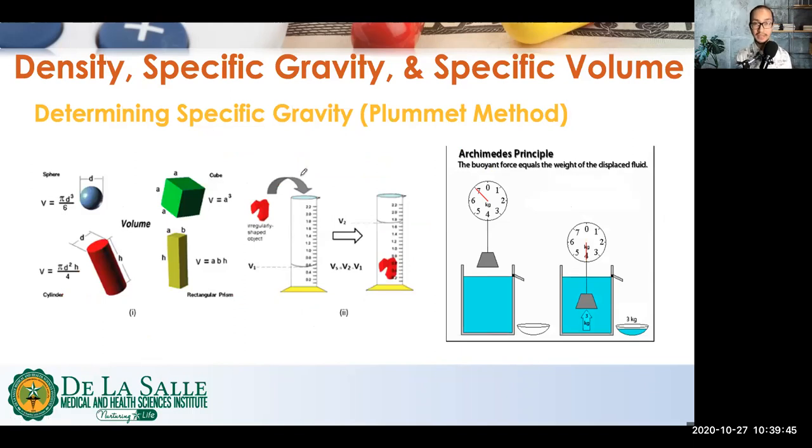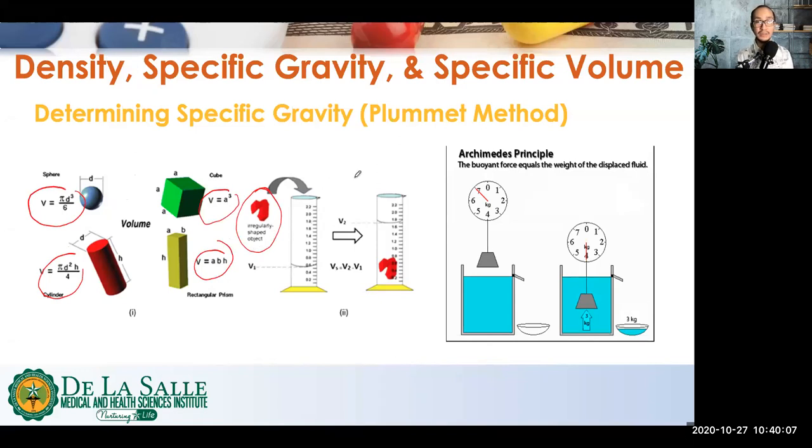Now this is important because for regularly shaped solids, we can easily determine their volumes by formulas that you probably have memorized before. But for irregularly shaped objects, we cannot easily determine their volumes.